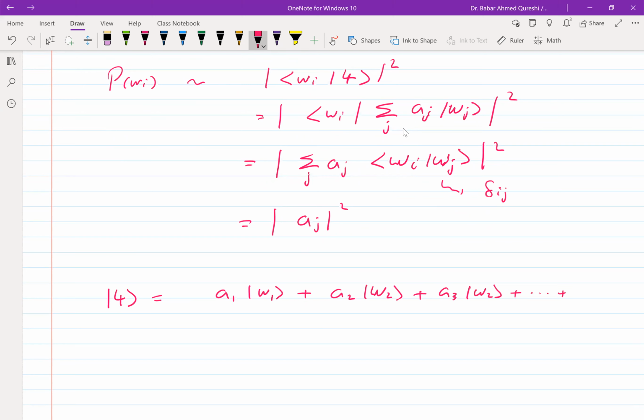No loss of generality in doing that. Then the probability of any one of them, let's say p omega 3, is proportional. You pick the coefficient in this linear combination and make the mod square.